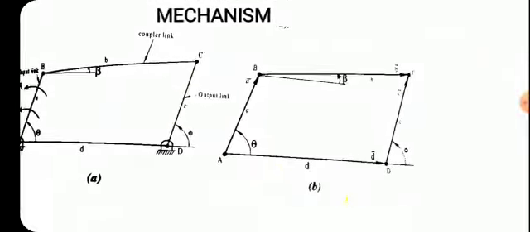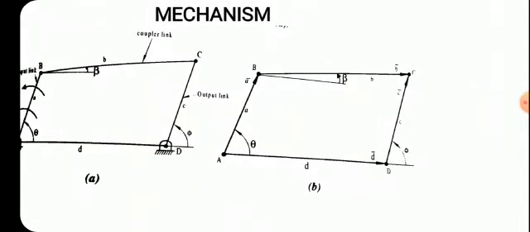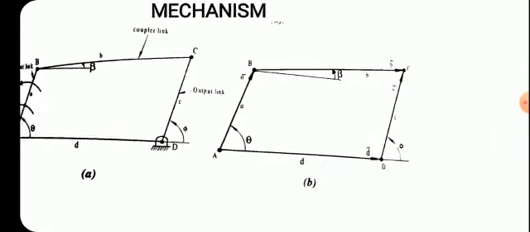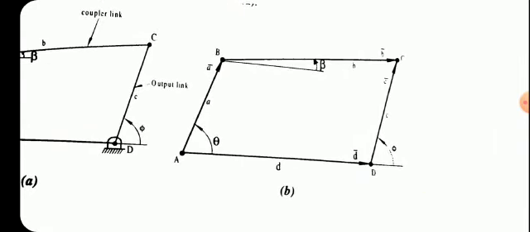You can see that the angles theta, beta and phi are the positions of all three links AB, BC and CD.